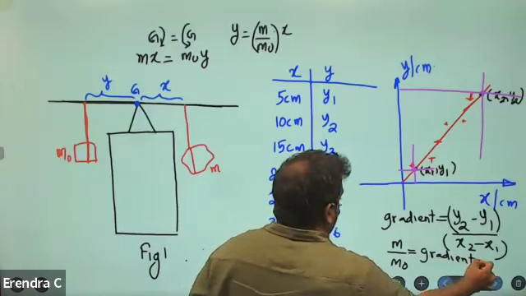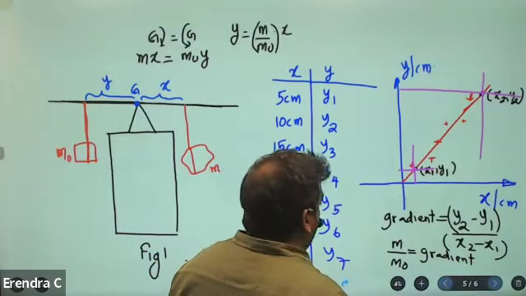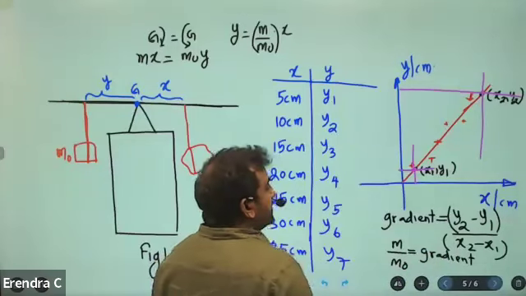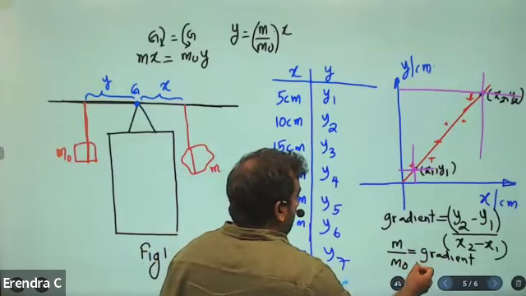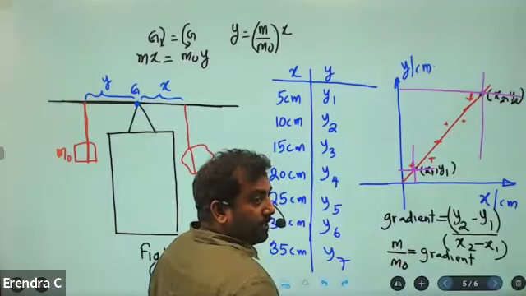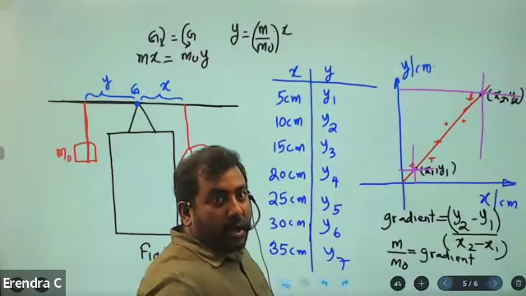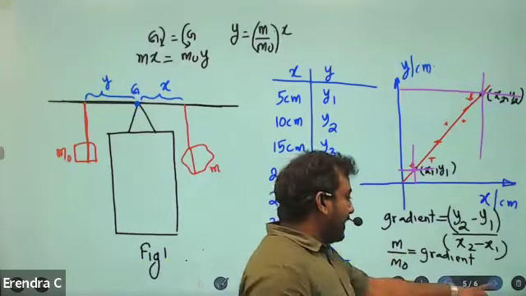So from this we can find the unknown mass. Unknown mass m is m naught times gradient. If you cross multiply here, you can find the unknown. Okay? But more than this practical, there are some important things.